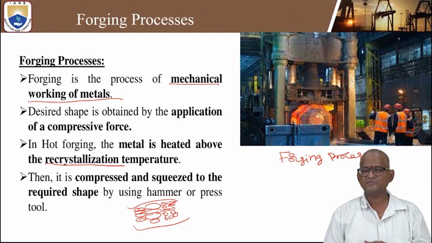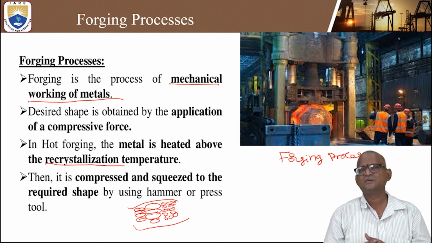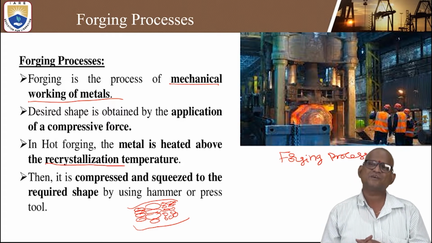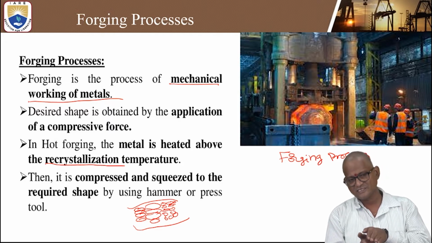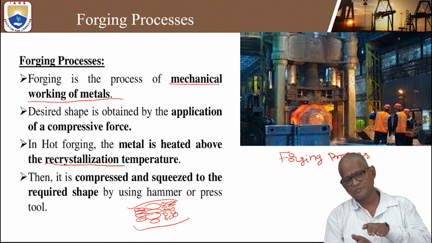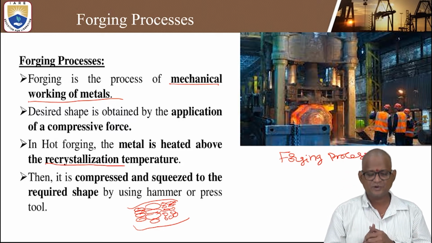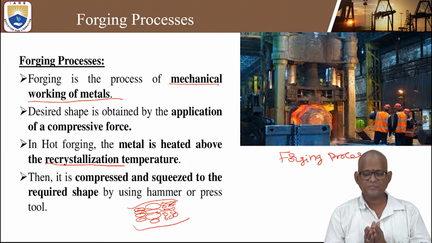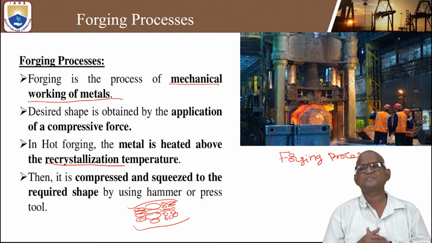Whenever you transfer the workpiece in between, you can apply pressure, with more than 1,000 or 2,000 tons of capacity, so that a circle will change into an ellipse and then become a rectangle. A lot of blows can be applied. The workpiece is compressed and squeezed to the required shape by using a hammer or press tool.